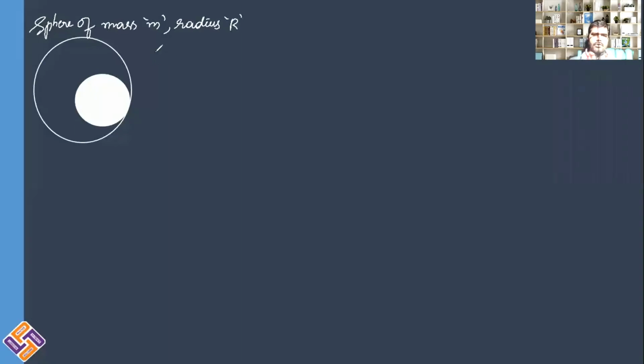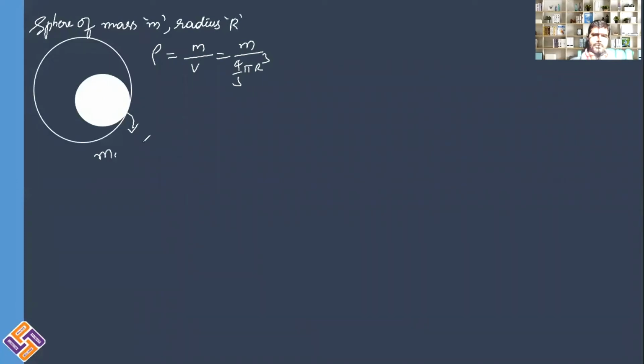For a sphere, we know rho is equal to m divided by volume. This is total mass m. Volume is 4 by 3 pi r cube, that is for the total sphere. Now this is the cut.